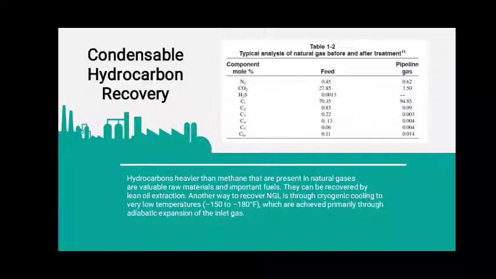They can be recovered by lean oil extraction. Another way to recover NGL is through cryogenic cooling to a very low temperature, about minus 150 to 180 degrees Fahrenheit, which is achieved primarily through adiabatic expansion of the inlet gas.